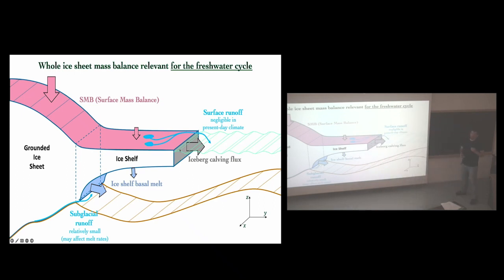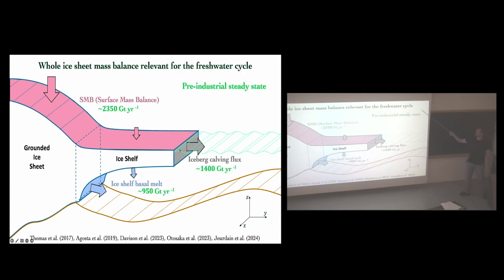That's coming in part from geothermal heat flux, but the majority of the meltwater from below is coming from the friction of the ice at high pressure, and this will warm the ice and create the glacial runoff. It's not very important for the mass balance of the ice sheet, but it can be important for the ice shelf basal melt rates, and Anna may speak a little bit about that later.